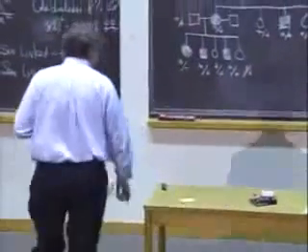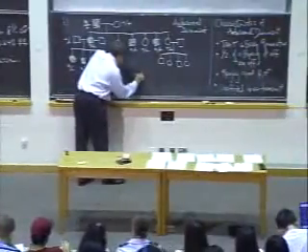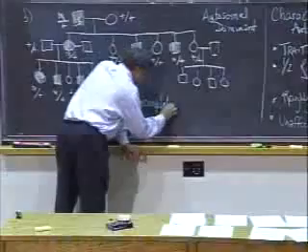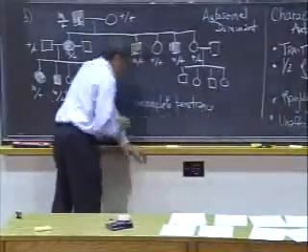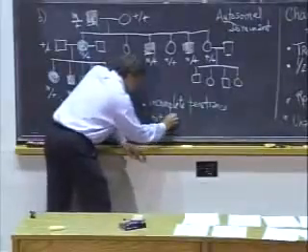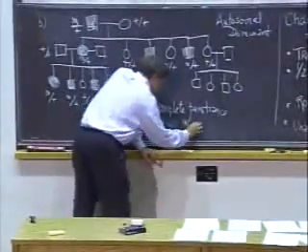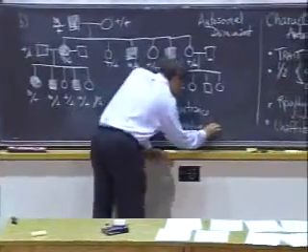You might have incomplete penetrance. Incomplete penetrance means not everybody who gets the genotype gets the phenotype. Not all people with the M over plus genotype show the phenotype.